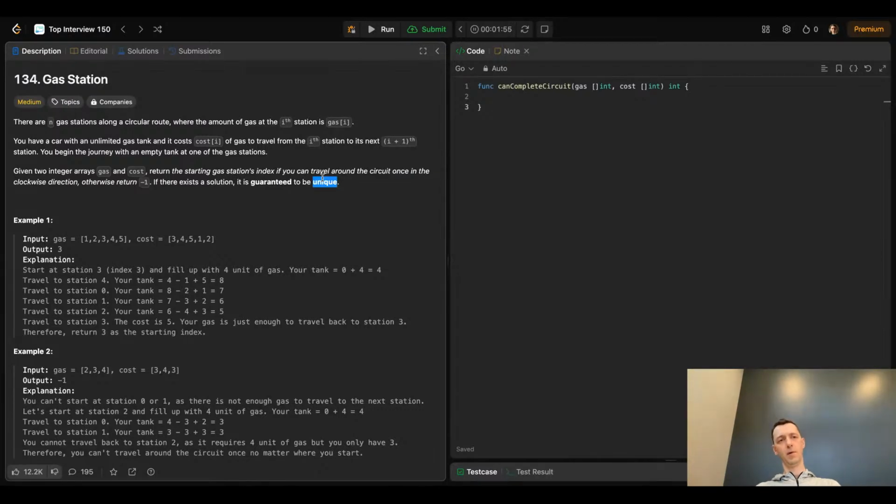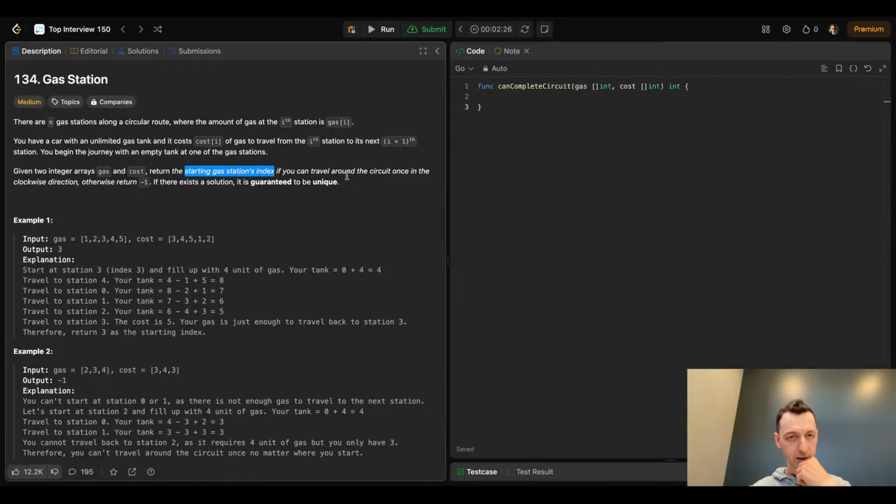Okay. Let me try to understand what that means. Given two integer arrays. Return the string. Jeez, what am I reading? Looks like my mind is just auto completing things. Return the starting gas station's index.